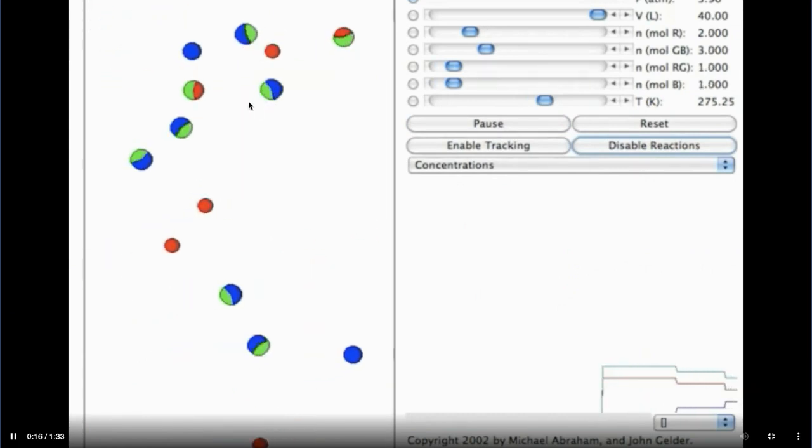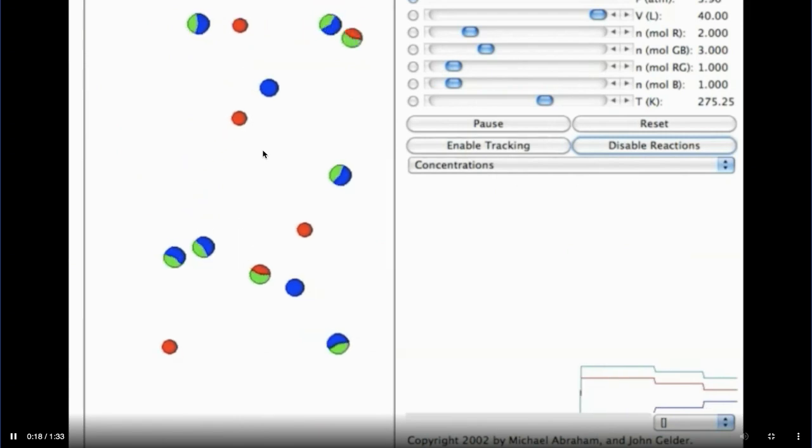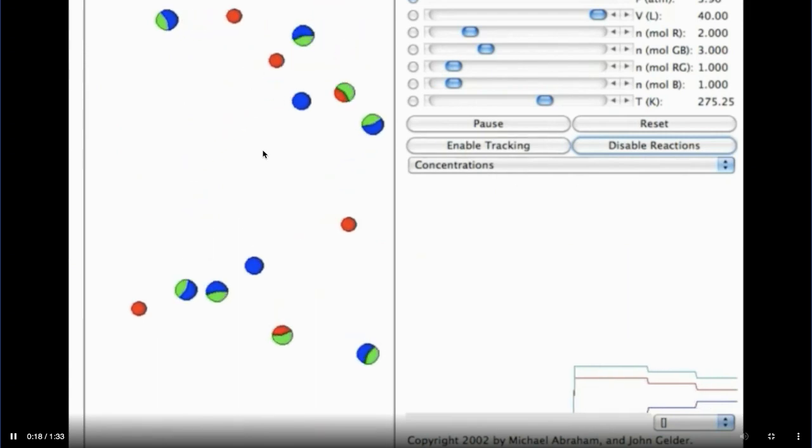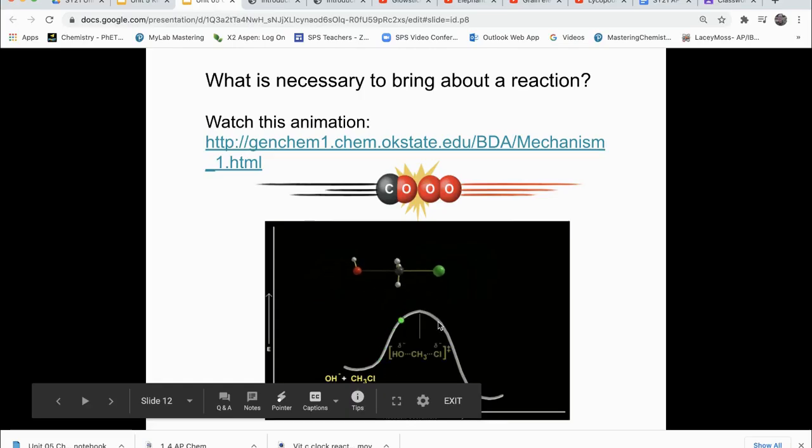And so if the molecule does not collide in the correct manner, it doesn't happen. So just like over here, if the oxygen hit a hydrogen instead, or the chlorine side, it would not happen. It has to have the correct orientation. It also needs enough energy to get over this barrier.